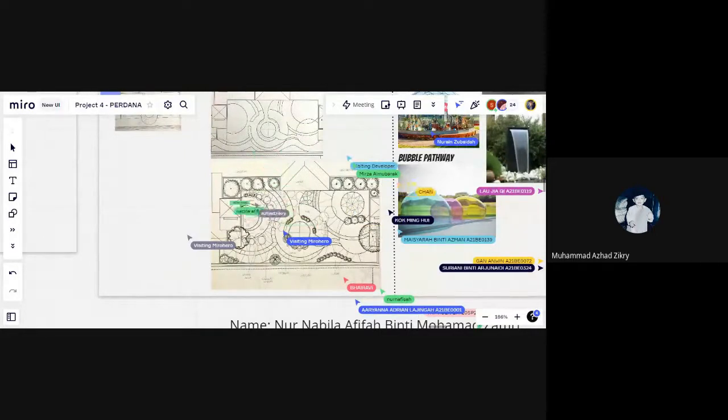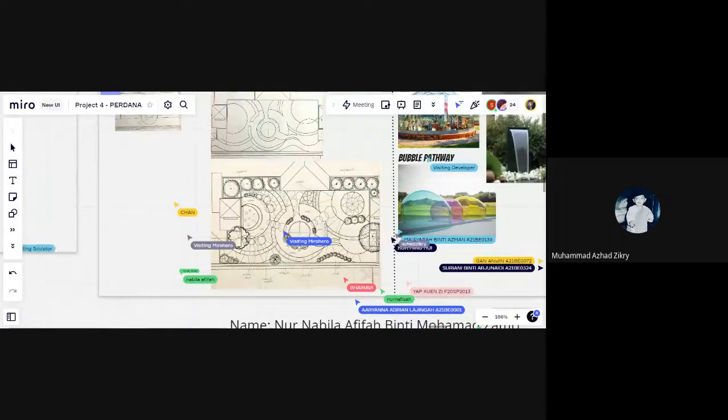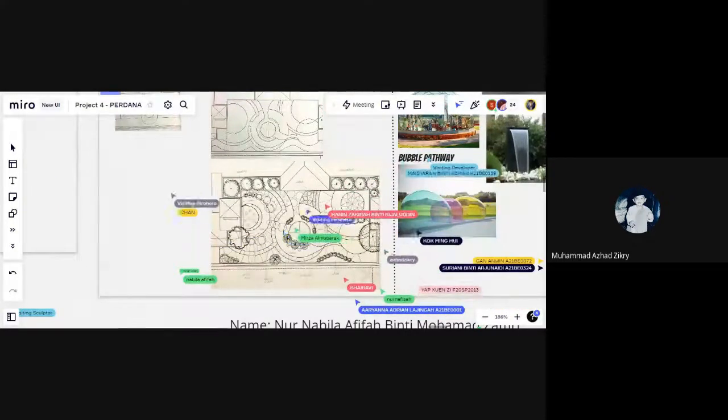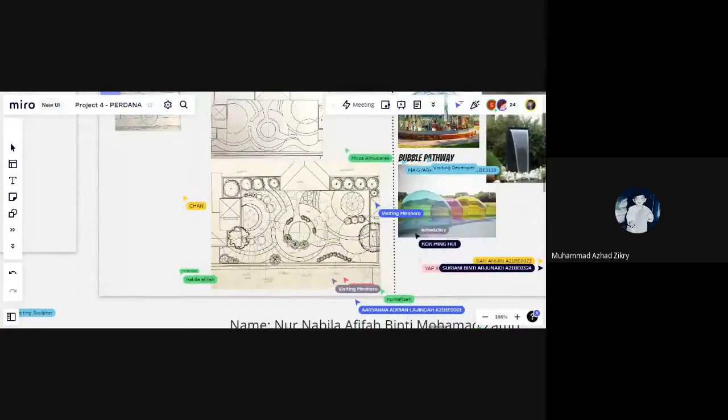I'm trying to create space that can play along with our senses as human beings. Besides the pond, there is a bubble pathway. I don't know how to name it, but as you can see in the borrowed images, the materials, I want it to be like that.